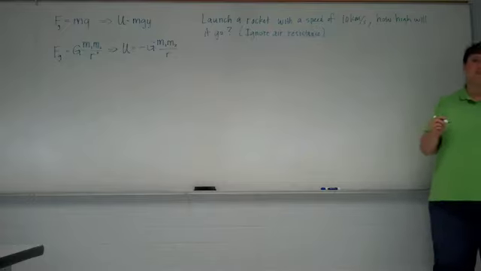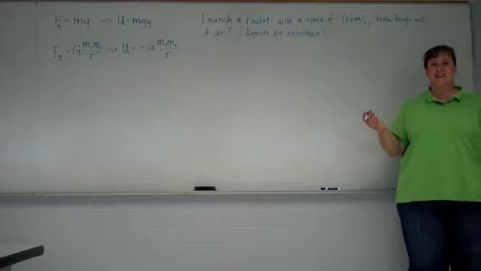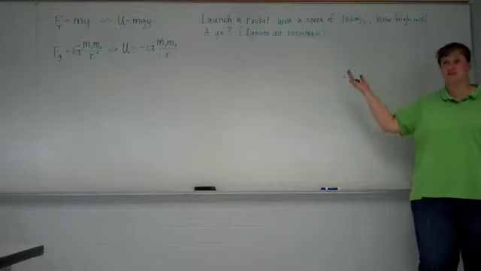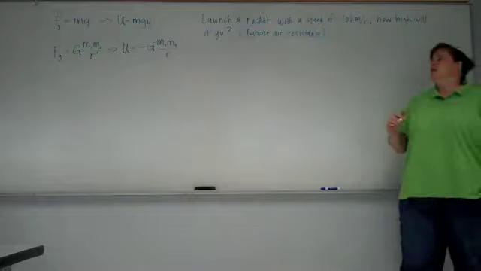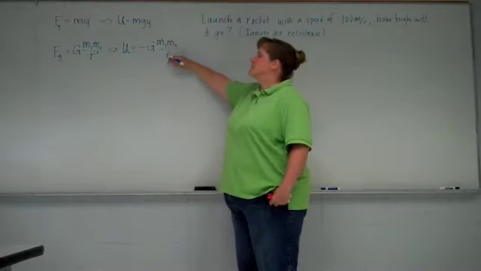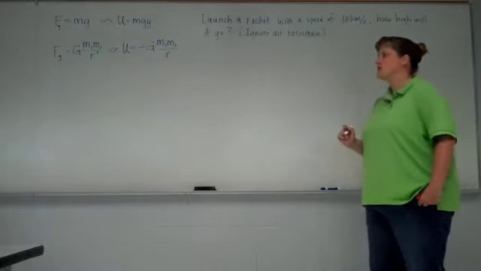The negative sign is part of the equation. That means we're going to get negative values for our potential energy regardless of where we're at, just because there's a negative sign in the equation itself. So gravitational potential energy has a different form if we deal with far distances from the Earth.